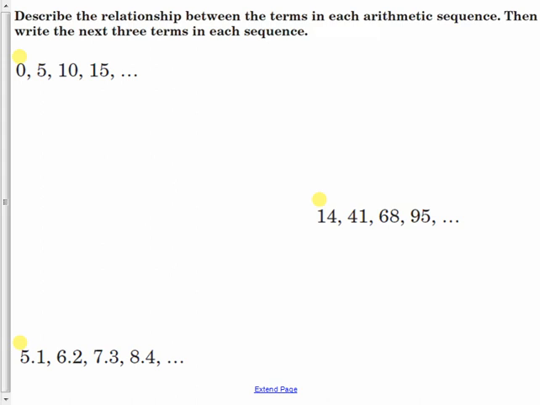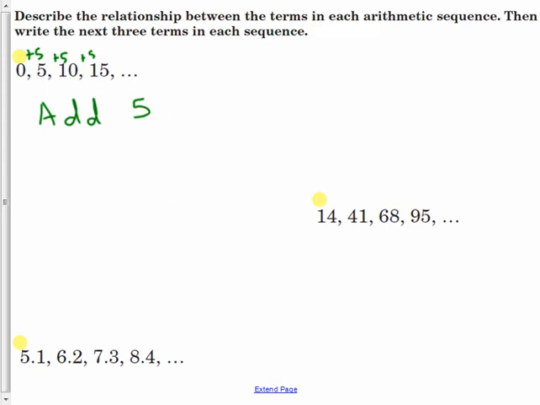It's 0, 5, 10, and 15. I can see that we're skip counting by 5s. Each number goes up by 5. So for my description, I'm going to say each time we're adding 5. That's my description of the pattern.